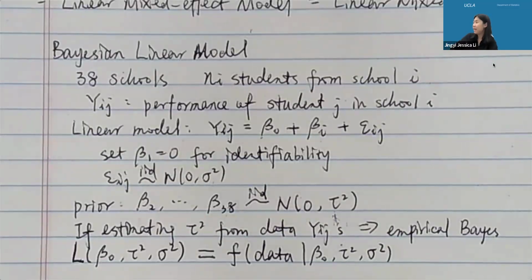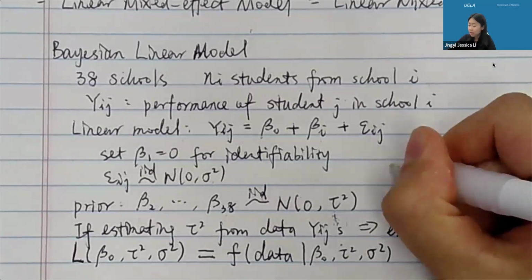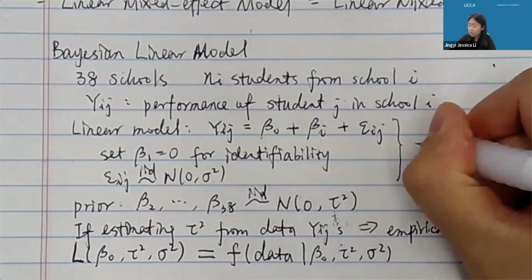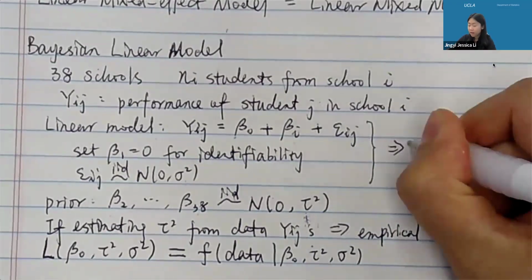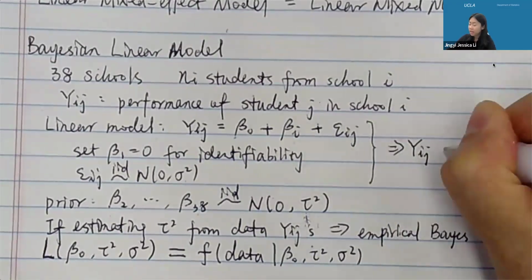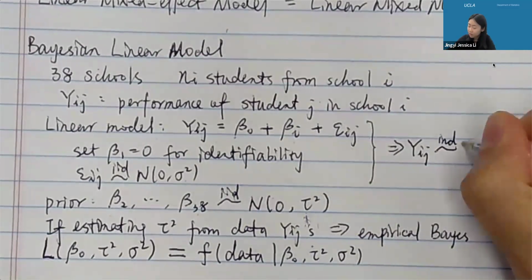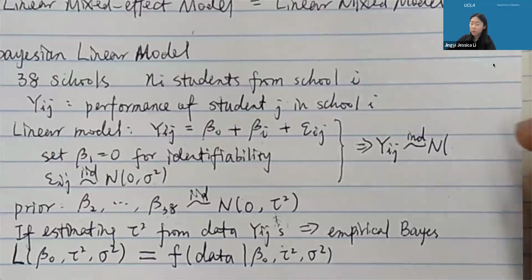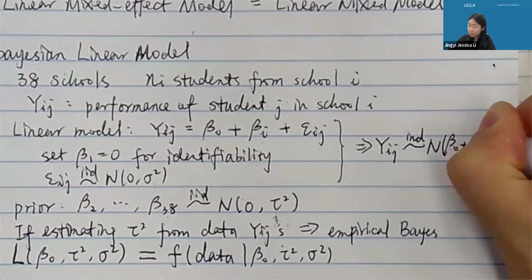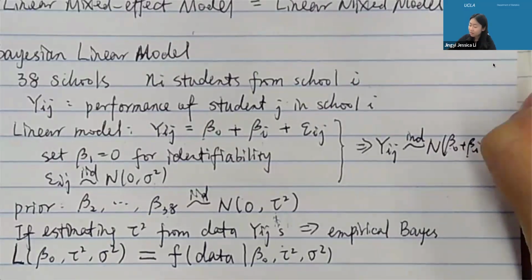Okay, but how do we get there? This is the density that combines two layers. One is this, one is this. So for the bottom layer here, the linear model part, if I write it as a distribution, this is actually Yij independently following a normal distribution with mean beta 0 plus beta i, variance sigma squared.